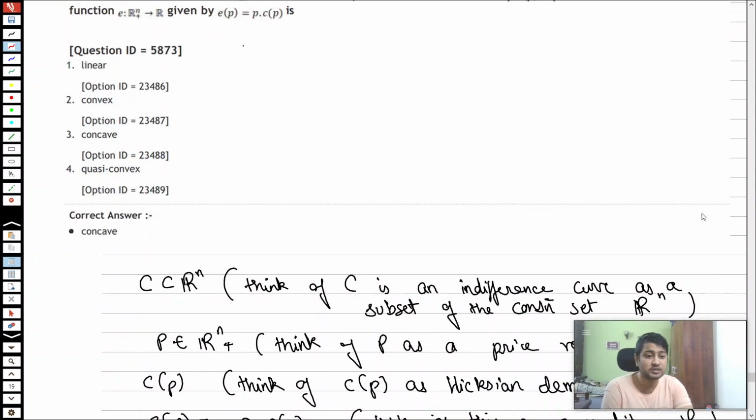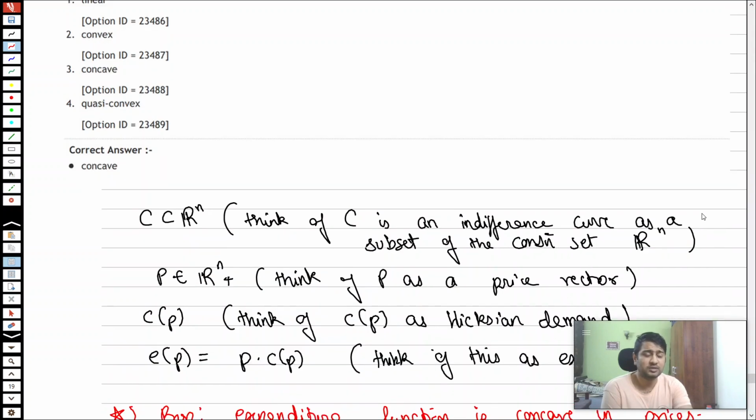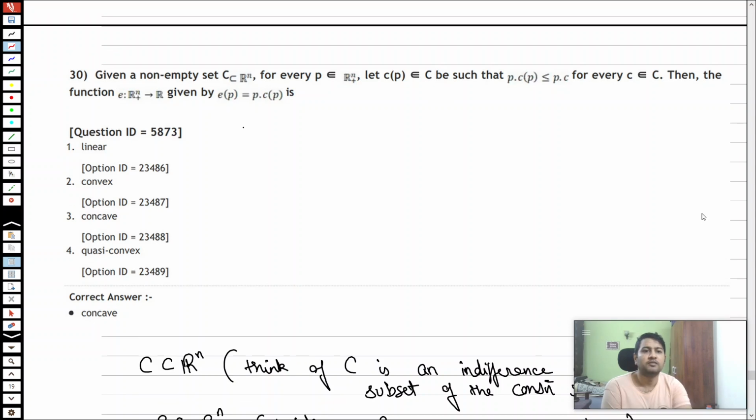Now if you remember this property, it's mentioned in almost all textbooks which talk about concavity and convexity of preferences. If you remember it, then great, you don't need to prove it, because this is essentially the defined expenditure function. But if you don't, then I would not recommend going about the proof right away; maybe leave it to the end, because proving it is going to be time consuming.